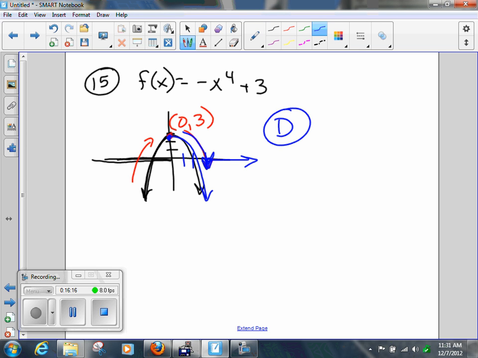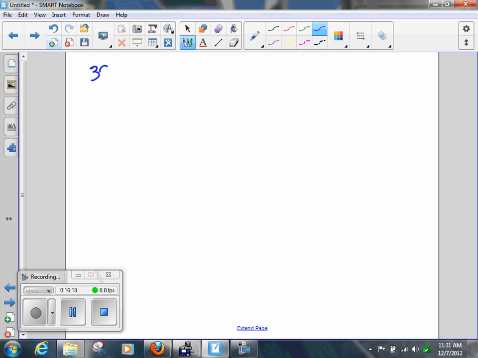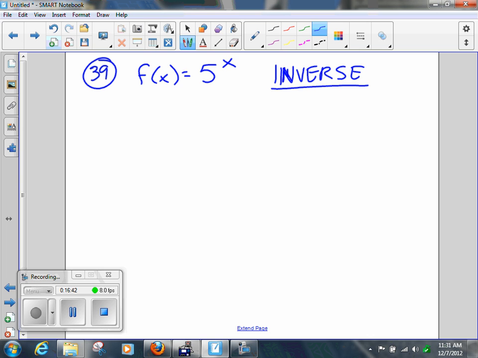Look what it's asking. Number 39, because this is when you kind of have to back up and go, whoa, hoss, okay? Look at what it says. Each graph below shows f of x equal to 5 to the x power, which also shows its inverse. When we went over inverses, the biggest thing that stuck in my head was that inverse functions will be a reflection about what line?